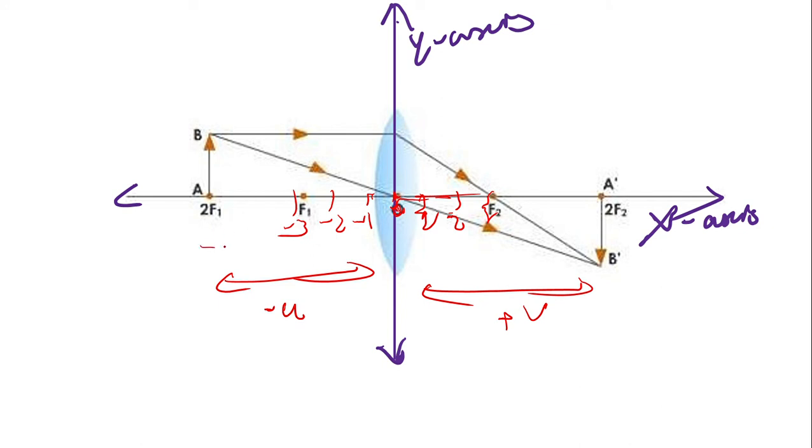Hence whatever reading we calculate for the distance between the object and the lens will be negative, and whatever distance we find with our image locating needle, we will write as positive v.